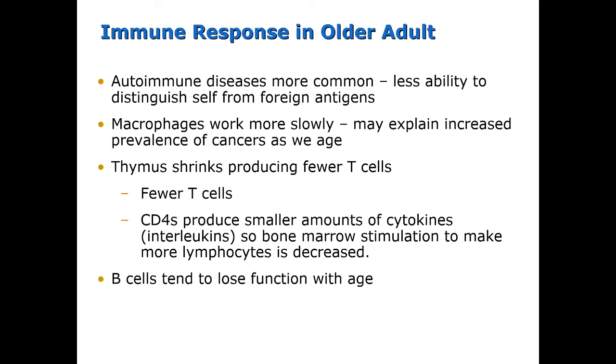They decline in the production of interleukins, so they're not as good at signaling to make more lymphocytes come to the sites of inflammation. And also the actual B cell function tends to decrease with age.